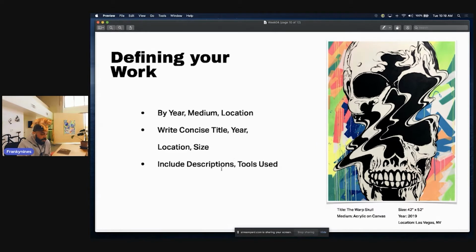Like this piece, for instance, is a 42 by 52 inch canvas that I painted in acrylic in 2019, here in Las Vegas.